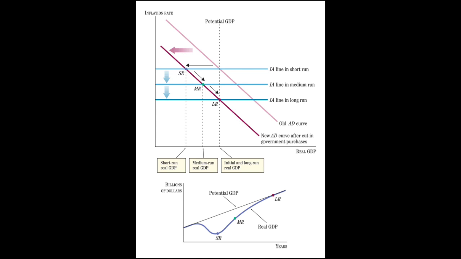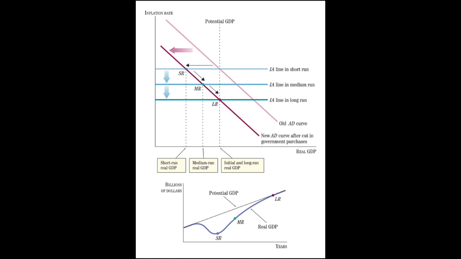This figure illustrates the dynamic adjustment in the real GDP after a reduction in government purchases. In the figure, the IA line in the medium run is lower than in the short run, while the IA line in the long run is lower than that in the medium run.